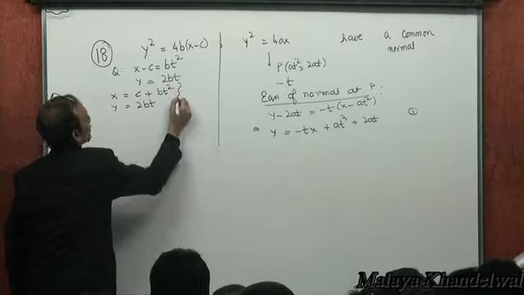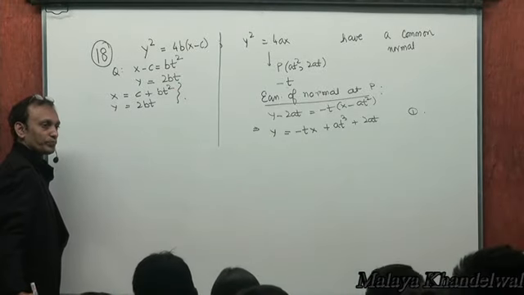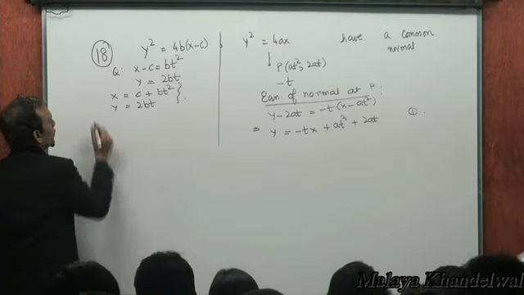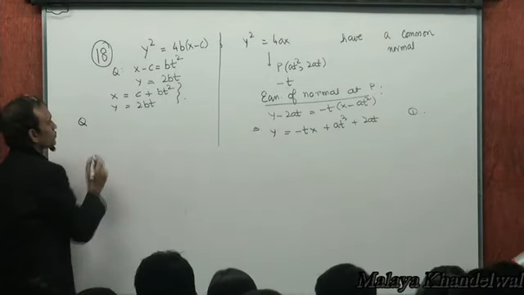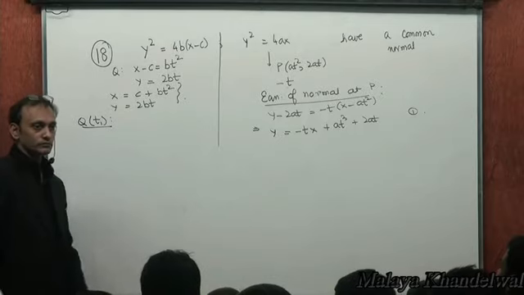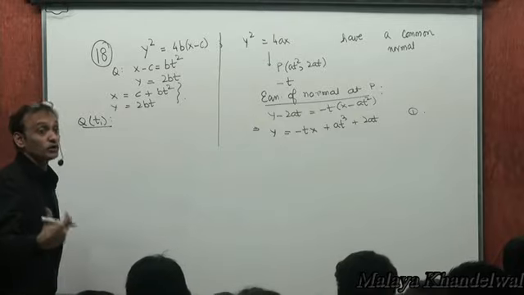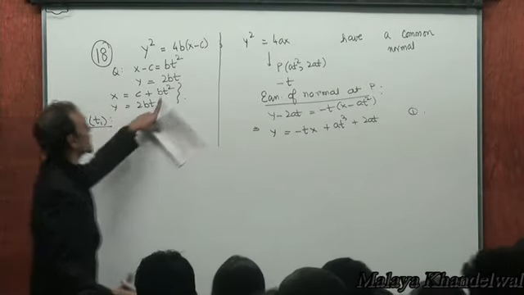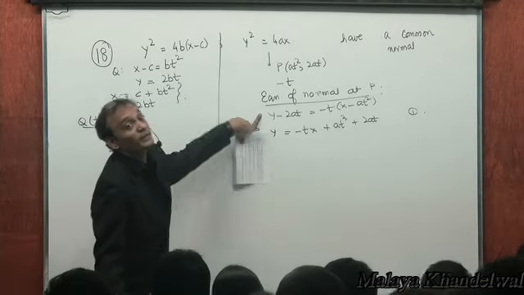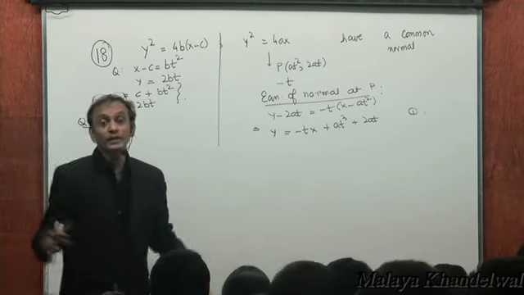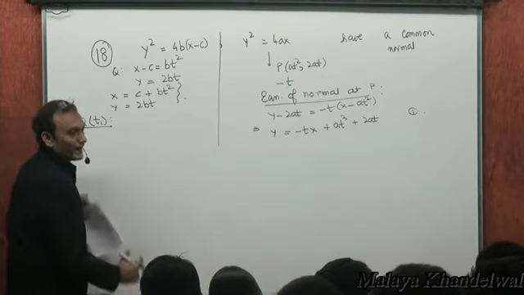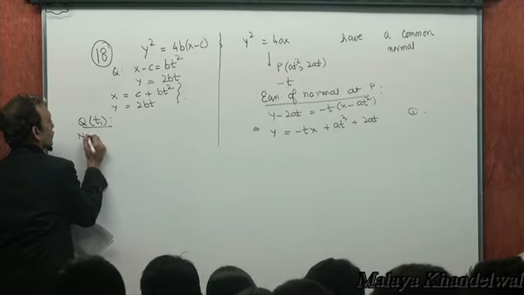Now, let me look at a point q which is t equal to t1. I mean, why do you assume that this t and this t will be the same? They are different points. The normal here will be the same as the normal there, but they would be different t's, right? So the normal at t equal to t1.